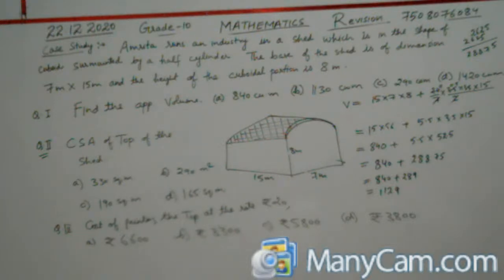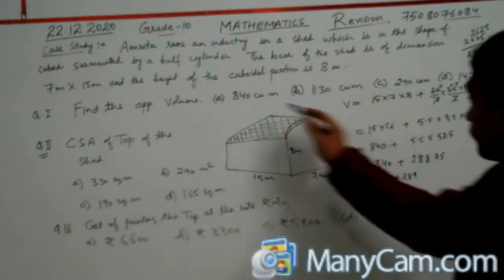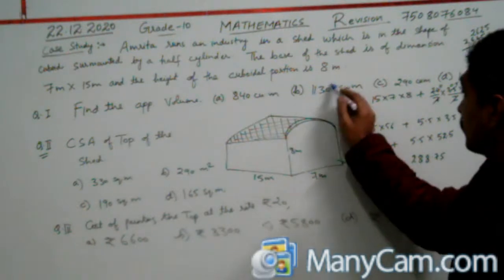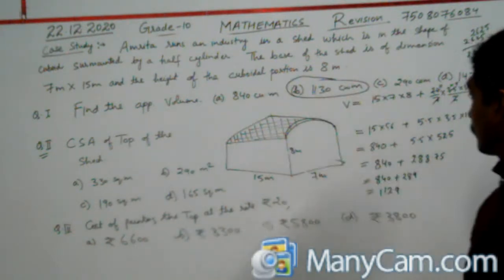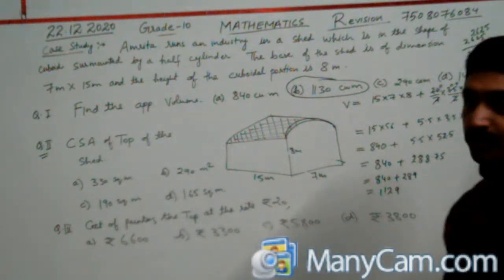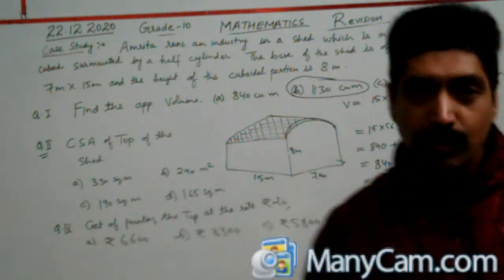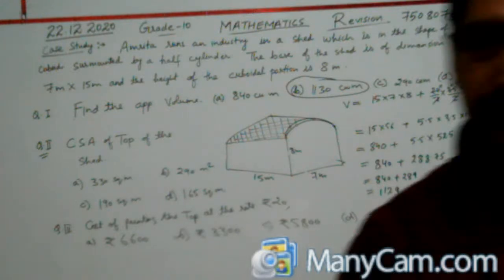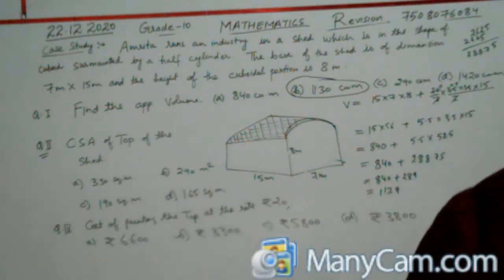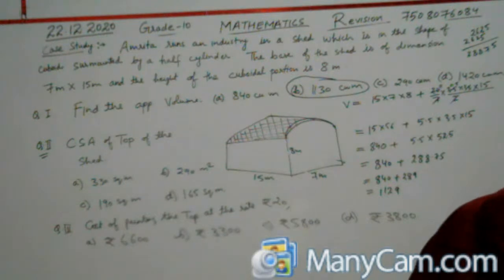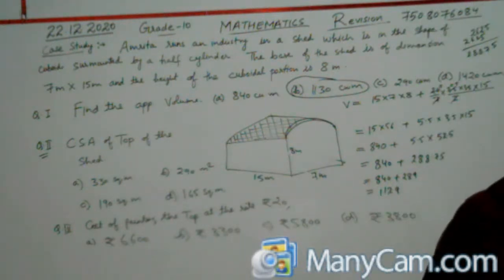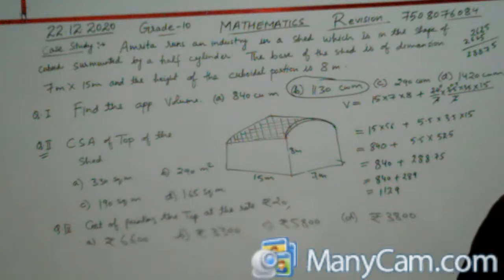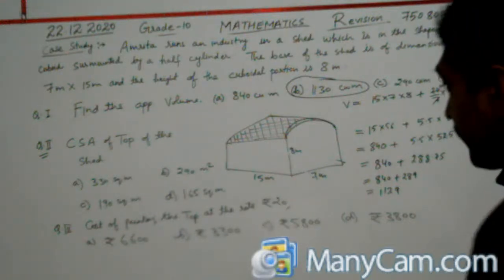So we will check A part. 1100, this is the right option. Now go for the second part. It is 1130, right? So quickly find the second and third.